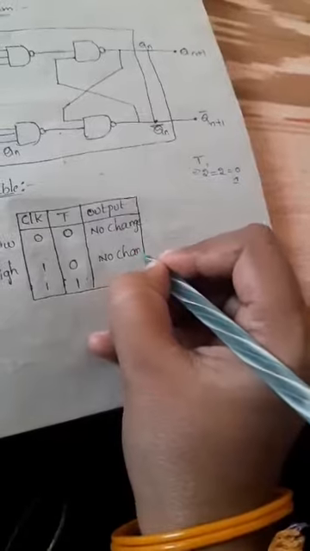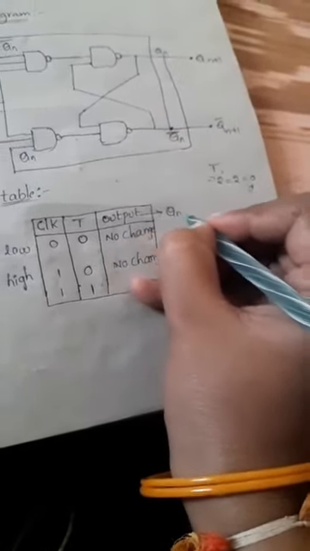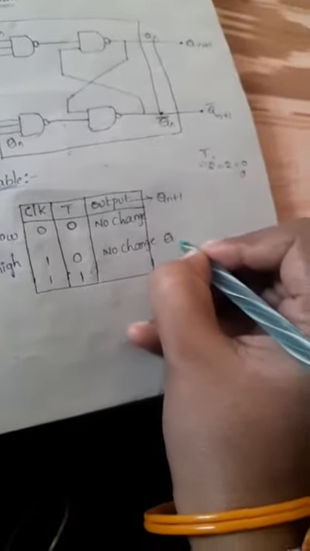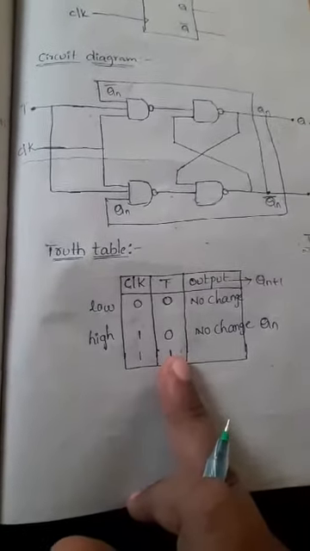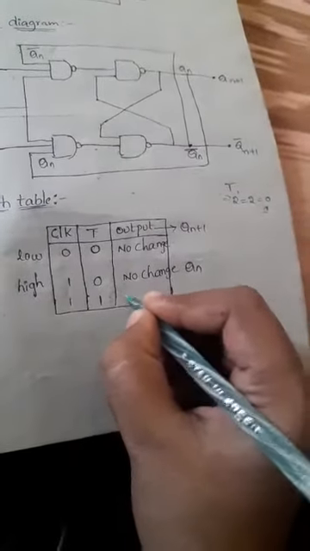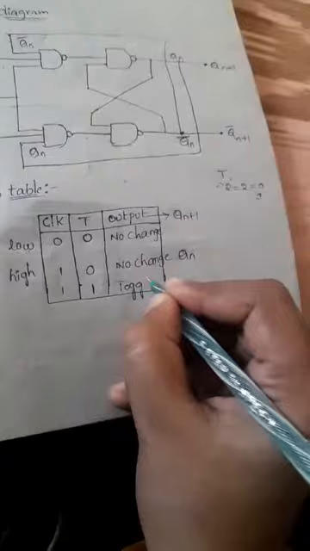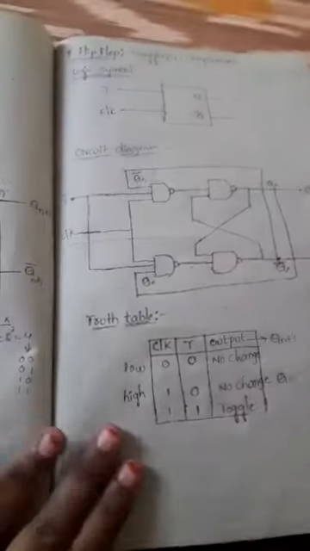Now, whenever the clock signal is high and the input is 1, automatically the T flip-flop enters the toggle condition, that means the complement condition. So this is the output of the T flip-flop.